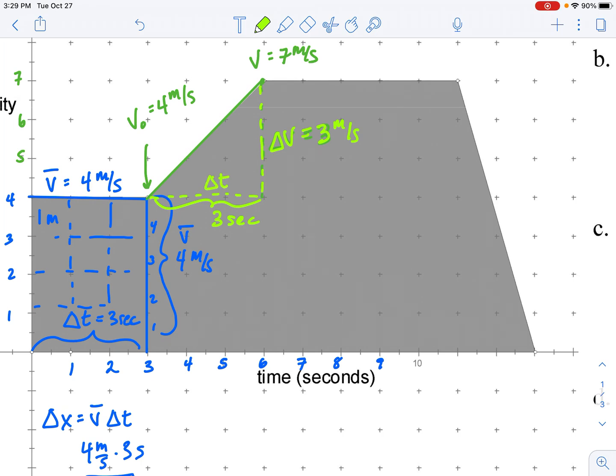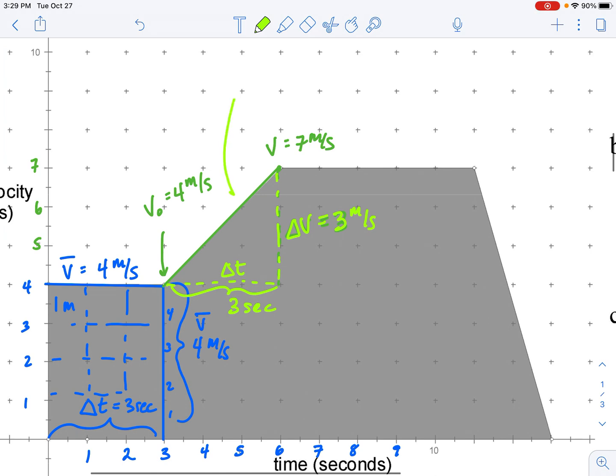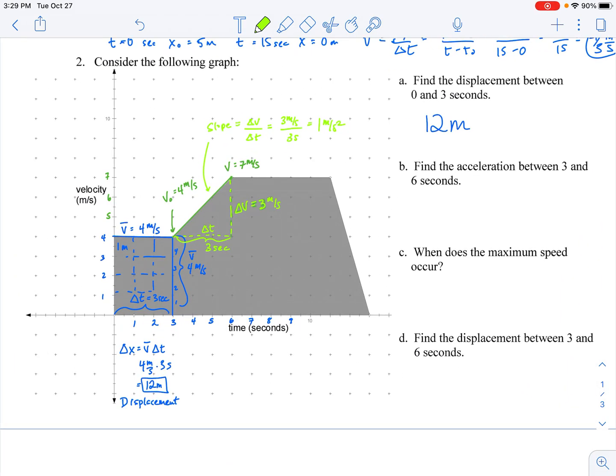So the slope of this line is the rise over the run, or the change in velocity over the change in the time, or 3 meters per second per 3 seconds, which is 1 meter per second squared. And that's the acceleration for that interval.